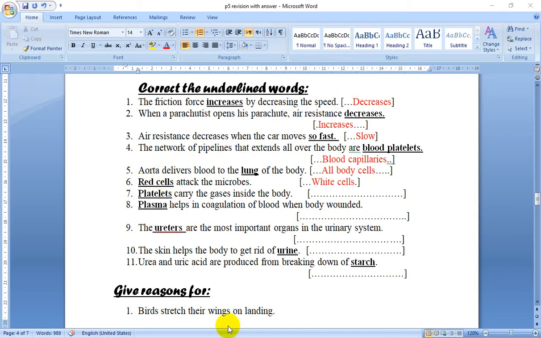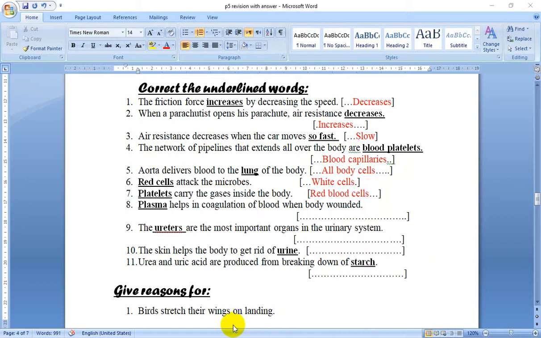Platelets carry the gases inside the body. Who is responsible for carrying oxygen and carbon dioxide? Not platelets, it's red cells. Okay, red blood cells. So red blood cells carry the gases inside the body.